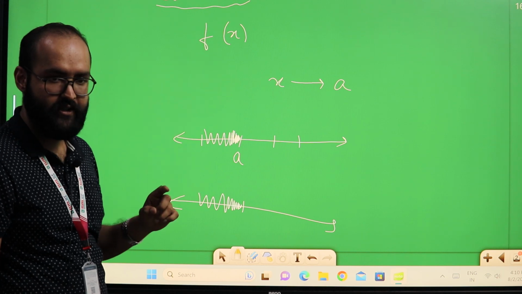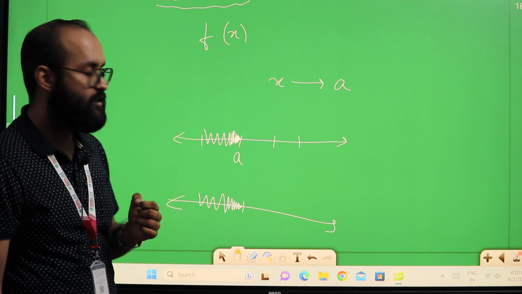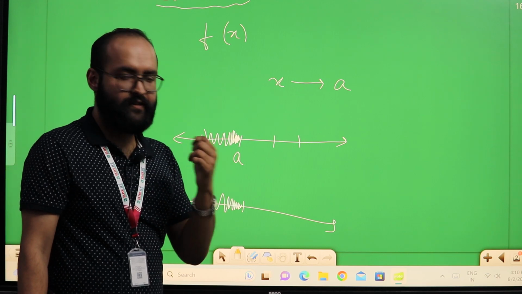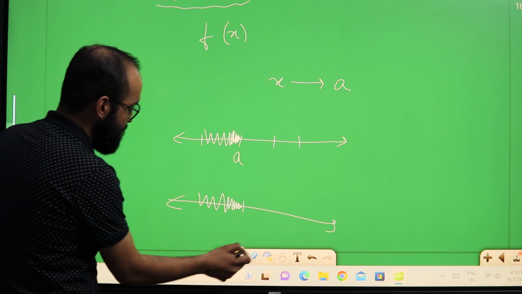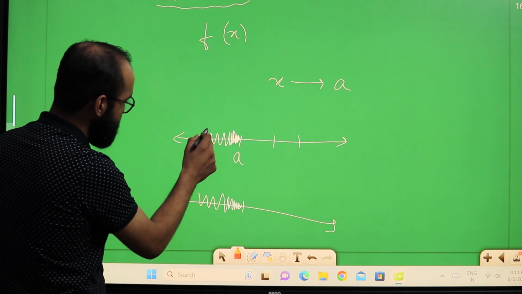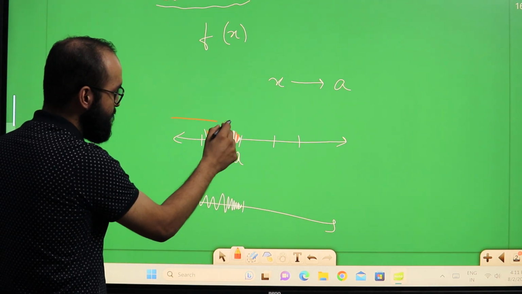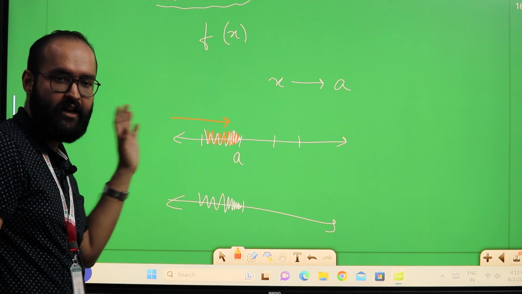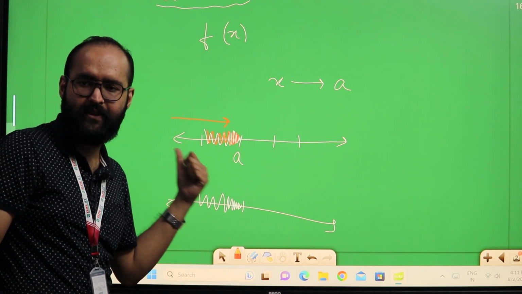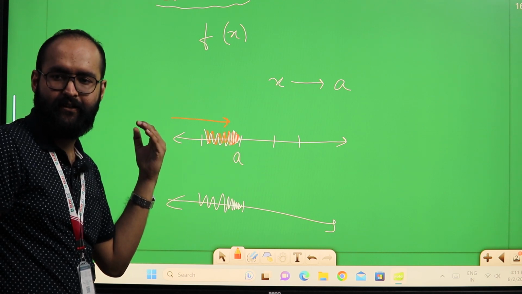Now what is continuity? For that, let us quickly remember a few things. The variable x can go to this a from this side, coming to a from the left side of a. Left side of a means values less than a.